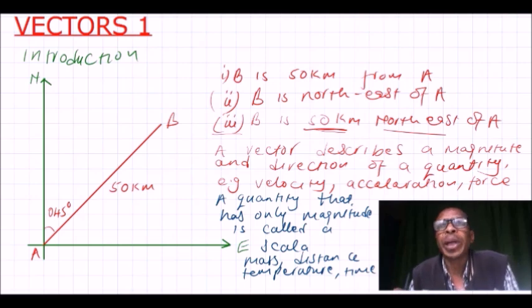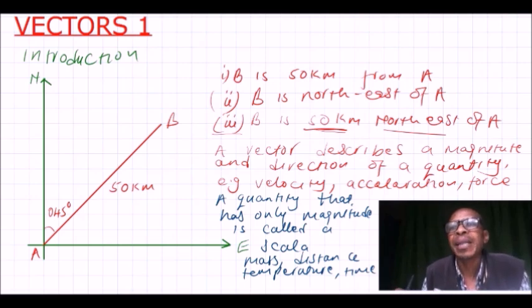So in summary, we can say that a quantity that has magnitude, which is the same as size, and direction is known as a vector. A quantity that has only magnitude is known as a scalar, and we have given examples of that.